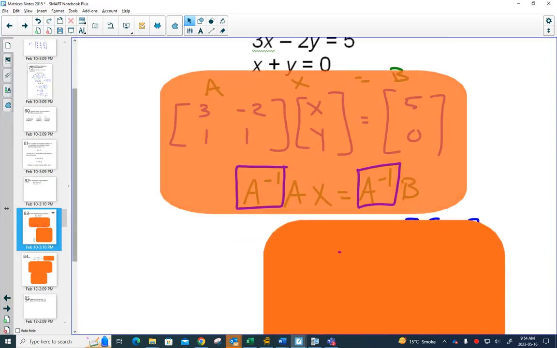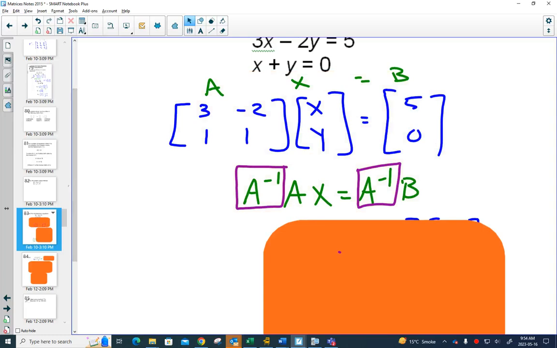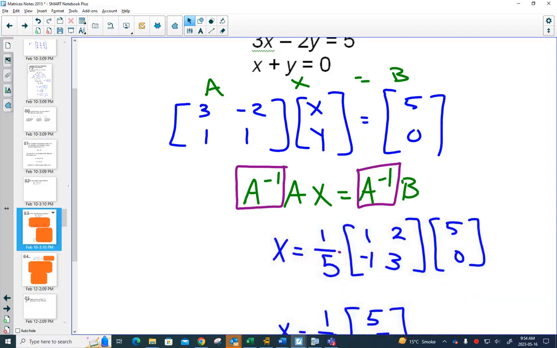Here's the setup and the check for the first one. Sometimes after I set it up, I go, okay, this is matrix A, this is matrix X, this is matrix B. I'm going to need to multiply by my A inverse in front. That for sure will just get x by itself. So sometimes writing it this way saves me writing, because then I can just write matrix x is equal to 1/5.